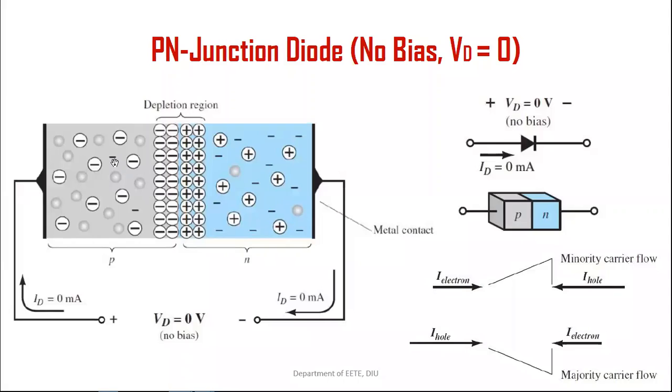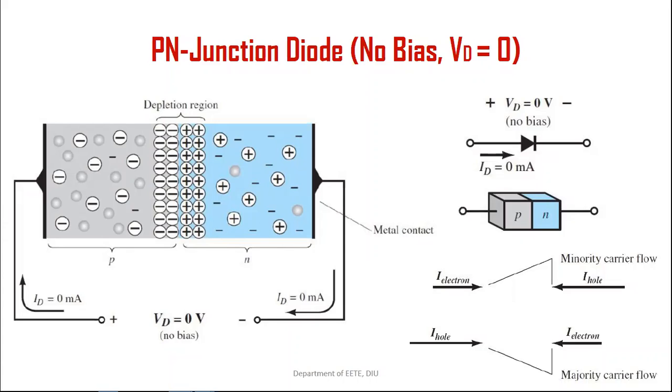So basically this electron will flow from the P region to the N region, so there will be a small amount of current flowing. That current is known as drift current.